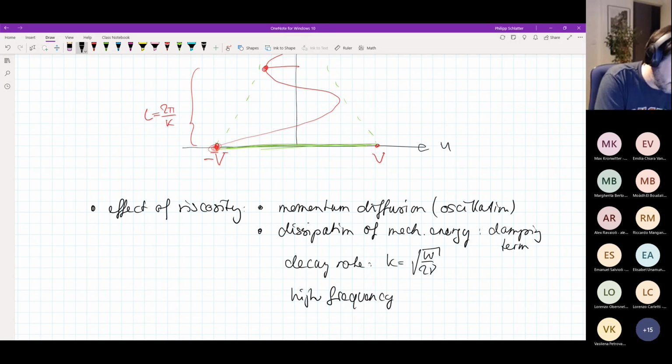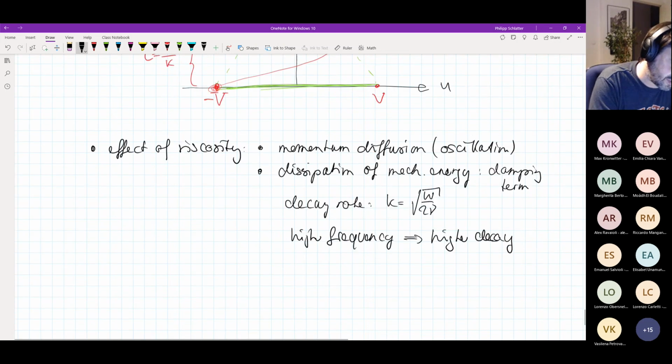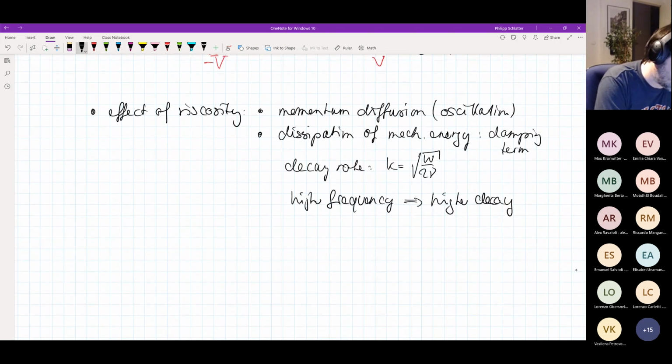So if I oscillate this wall extremely fast with a high frequency, that means I have a large omega, and my decay rate is faster, with a higher decay, because my k is larger. In the same way, if I have a lower frequency, I get a lower decay.